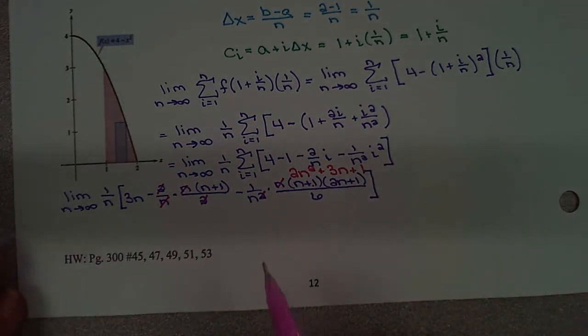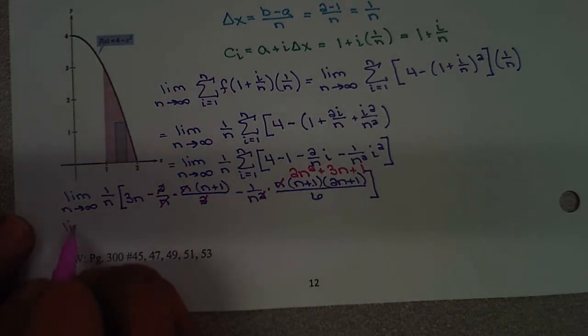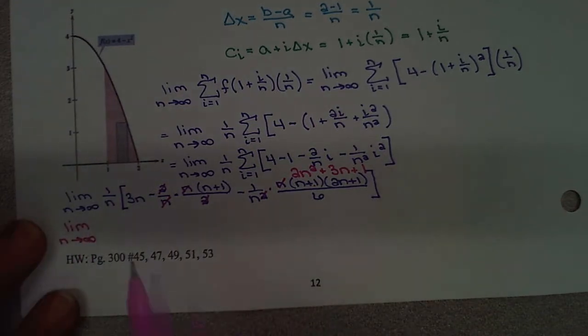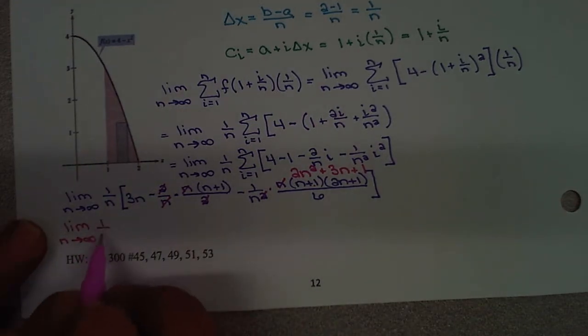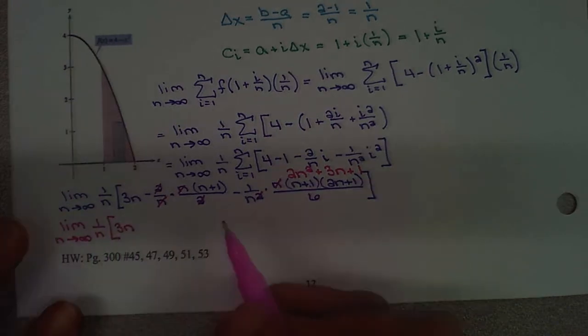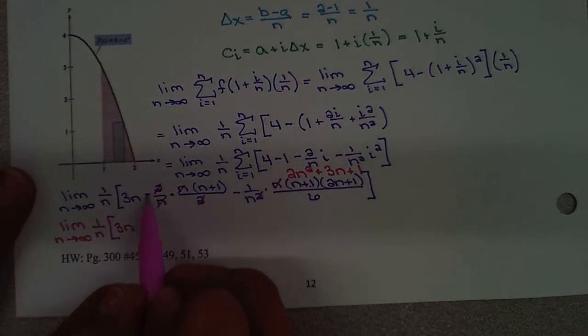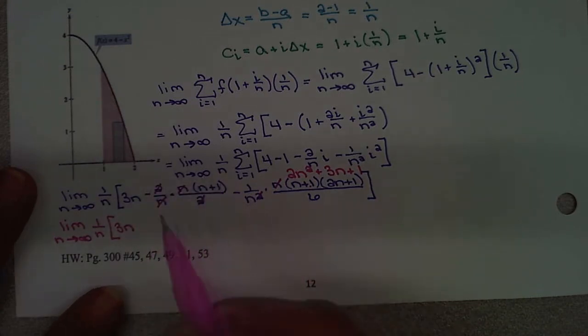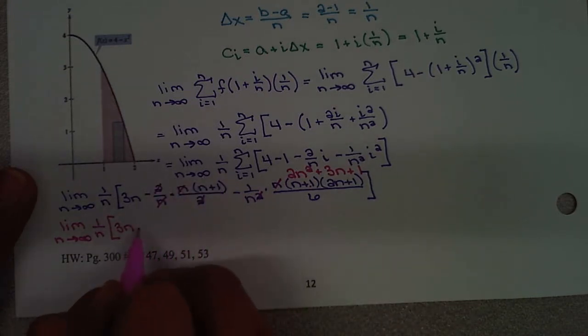All right, so this is going to be the limit as n goes to infinity. Here I still have my 1 over n. I've got my 3n. Here this negative will distribute to the n and to the 1. So it becomes a minus n and a minus 1.